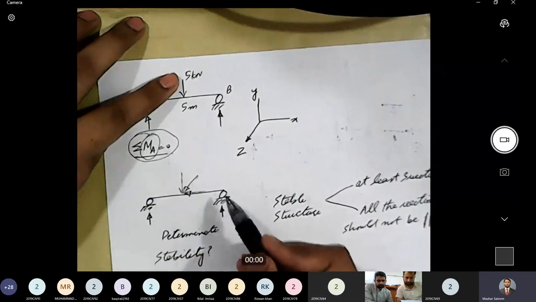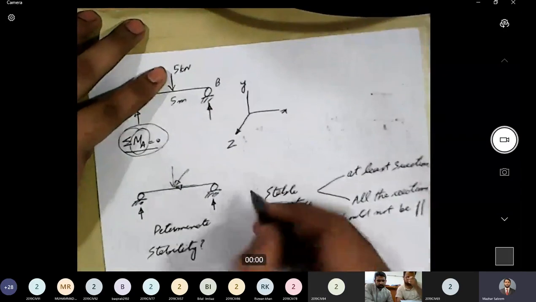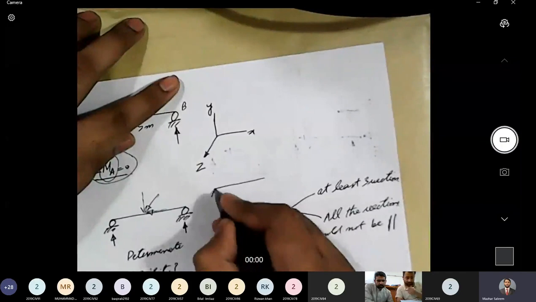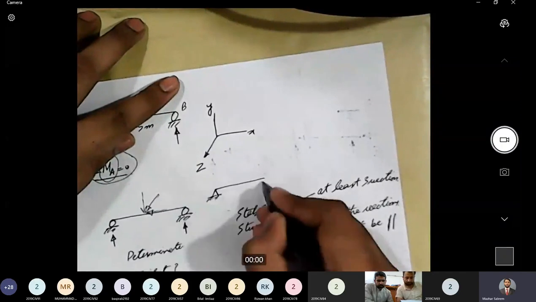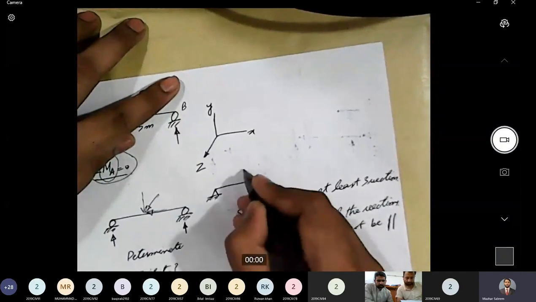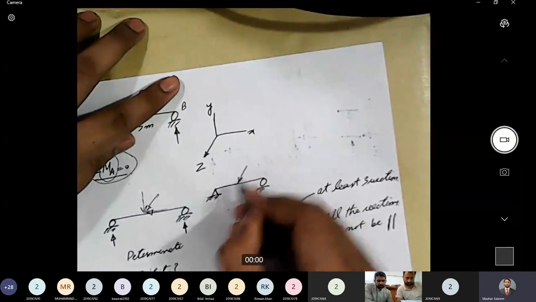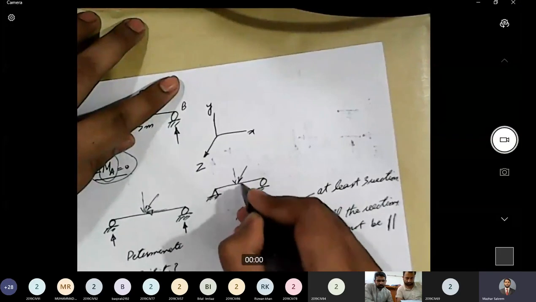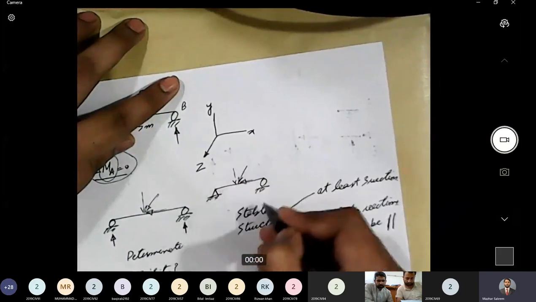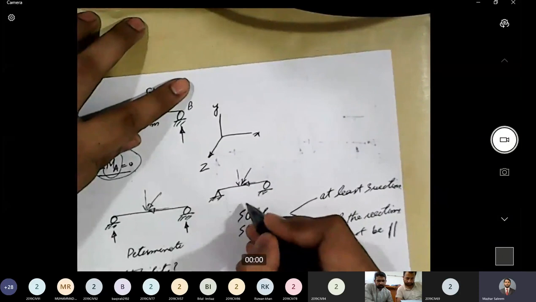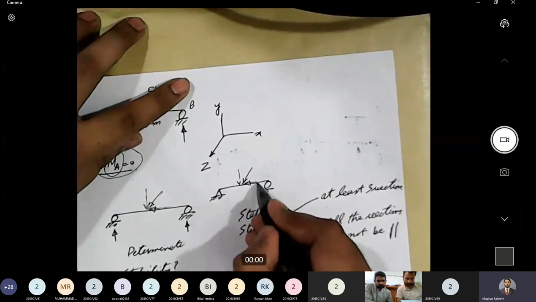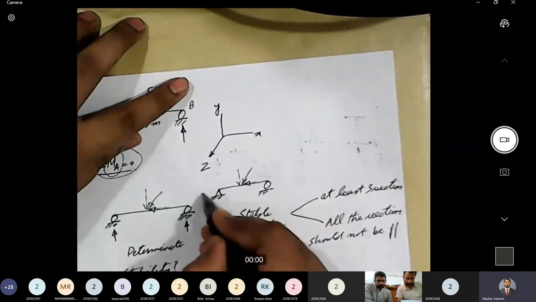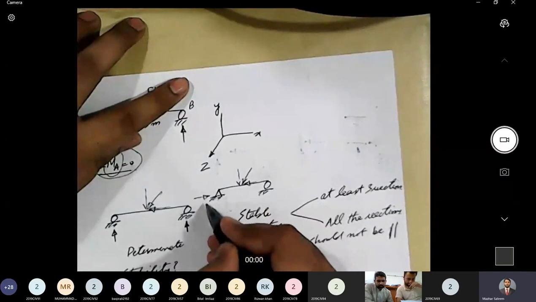In contrast to that, if I have a simply supported beam that has one hinge support and one roller support, and I apply an inclined load on this beam having one vertical component and one horizontal component, this beam is still stable. We have a horizontal force here and we have a support that can generate a horizontal reaction.